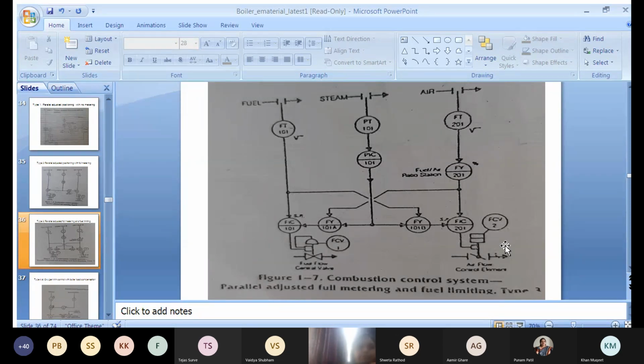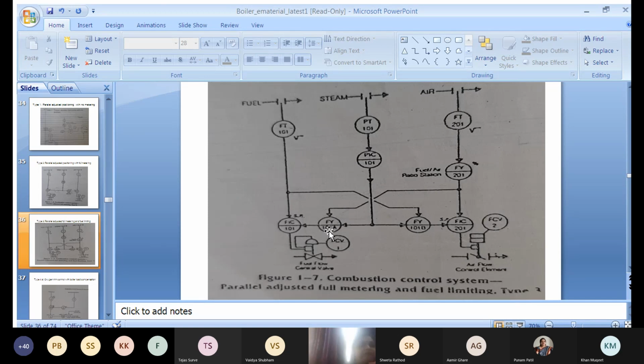Here, in addition to that, you will find this ratio station, which was placed here earlier, and is now shown here as FY201. Here you will find a cross connection. The air supply line is connected to FY101A and the fuel supply line is connected to FY101B.